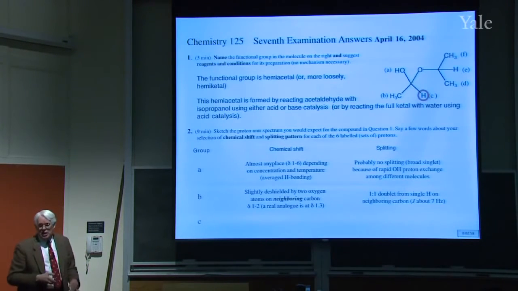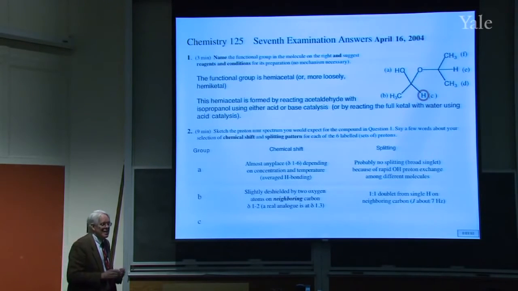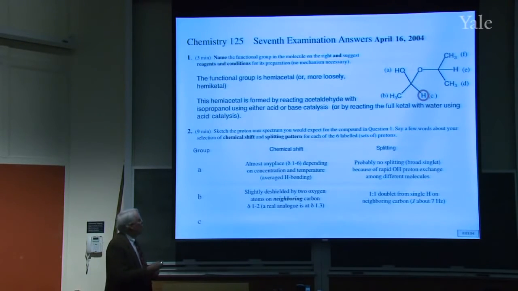What should it look like? What should its chemical shift be relative to, say, these hydrogens? Doublet of quadruplets. Eric, what did you say? I said a doublet of quadruplets. Not the splitting. What should the chemical shift be first? In the middle.